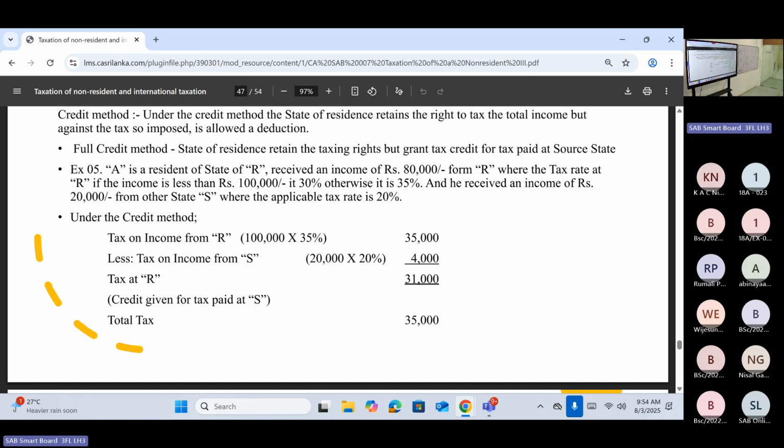The resident received resident country income as well as the source country income; we consider both and tax that. Whatever tax is paid in the source country, we are giving as a tax credit, the full tax.